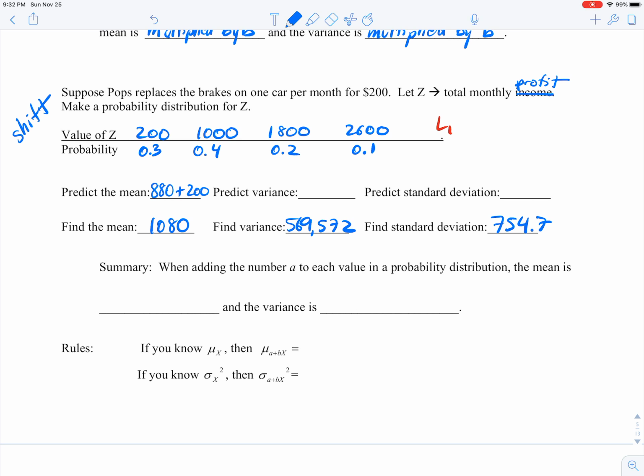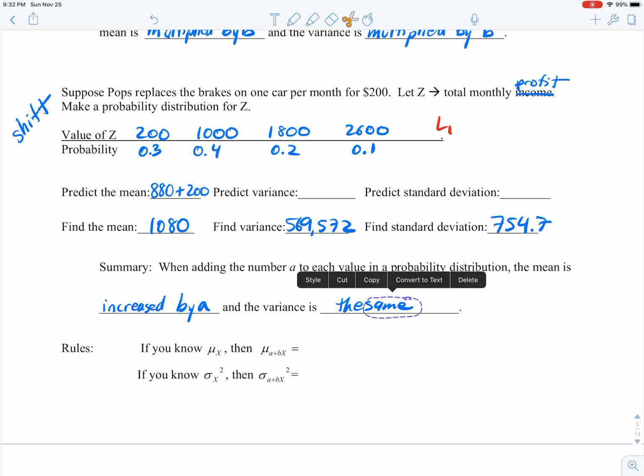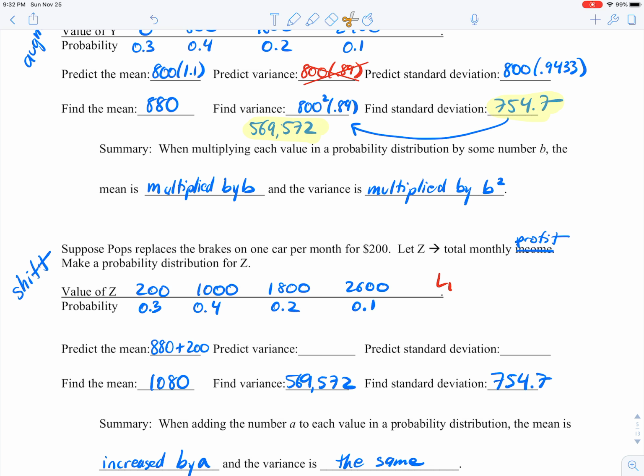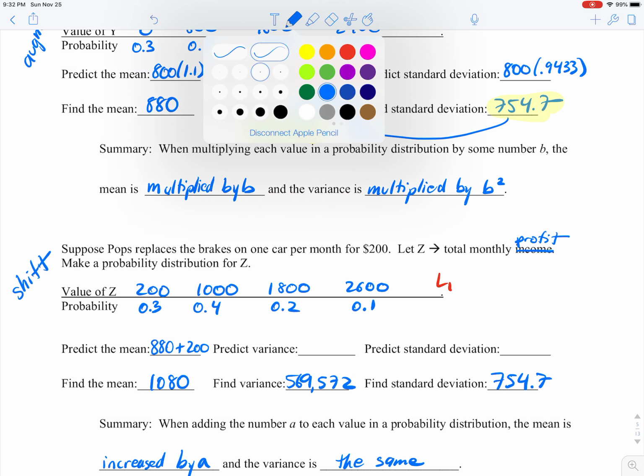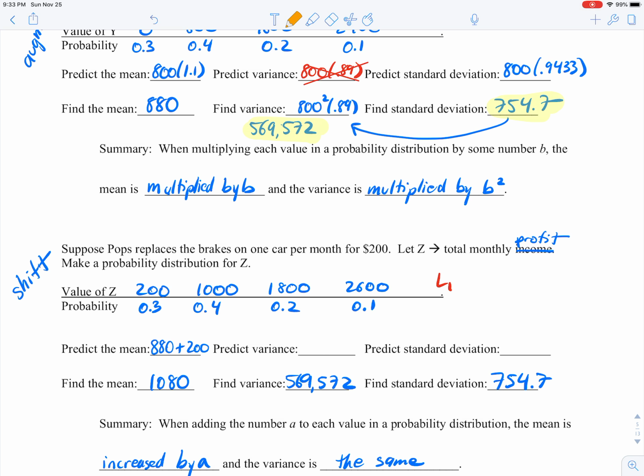So when adding some number, which we'll call a, to each value in a probability distribution, the mean is increased by a, and the variance is the same. While we're here, I think it would be smart to quickly note up here that when you're multiplying, the mean and the standard deviation are multiplied by b, while variance is multiplied by b squared.